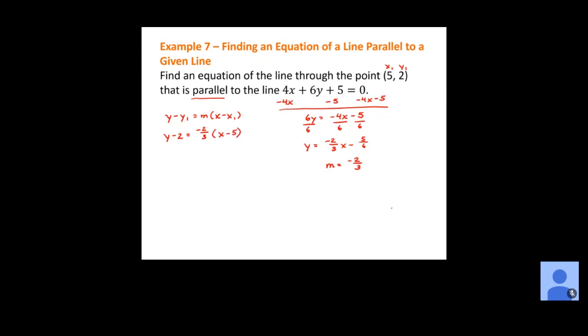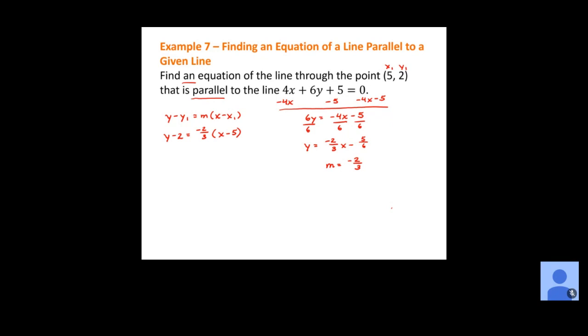Perfect. And if it doesn't specify what form, then we can leave it just like that, because that's an equation of the line that goes through that point and is parallel to the other line. If we needed to get it in slope-intercept form, then you would just distribute the -2/3, add the 2 to both sides, and get y by itself. But I'm going to stop right there because it just says an equation.